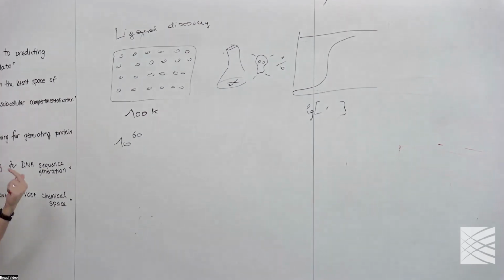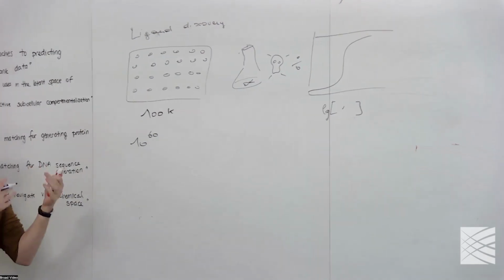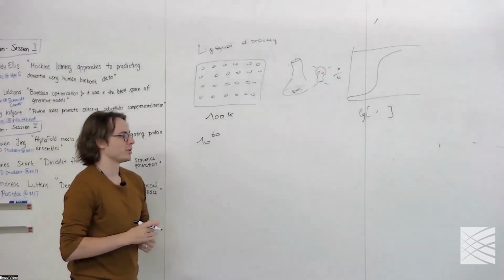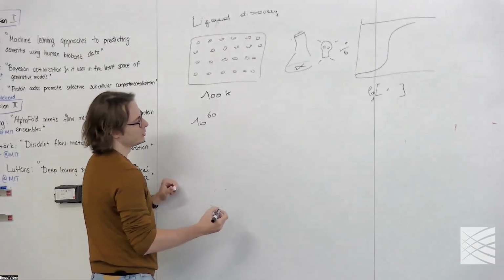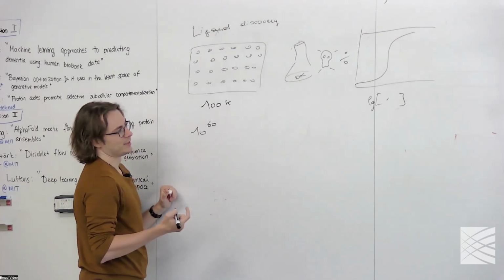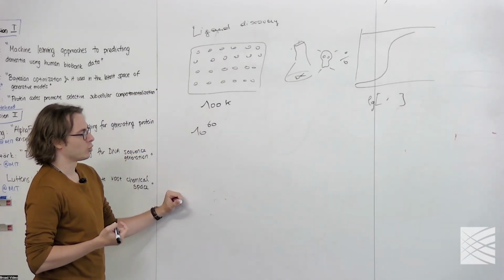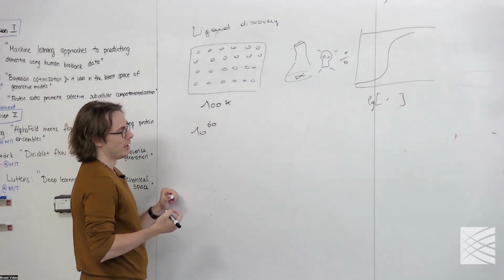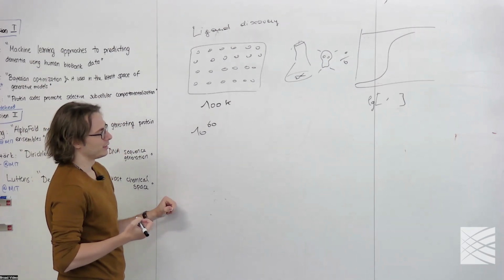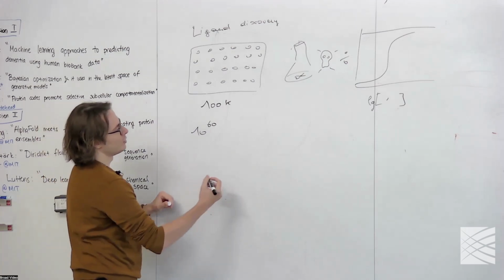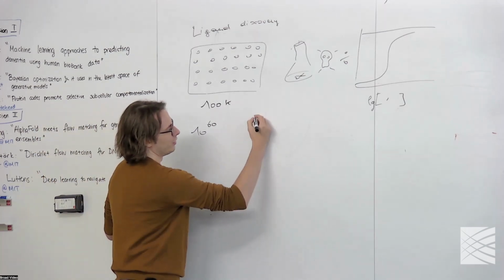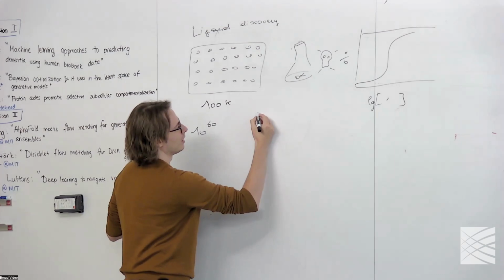So another way of doing things is going computational rather than doing an experimental high throughput screen. So what you can do, and this is with recent advancements in combinatorial chemistry, mainly driven by the Ukrainian chemical vendor Enamine, is if you would have on the shelf a bunch of building blocks.